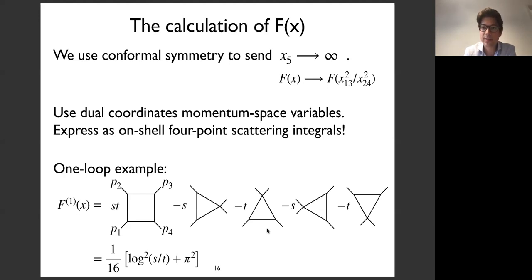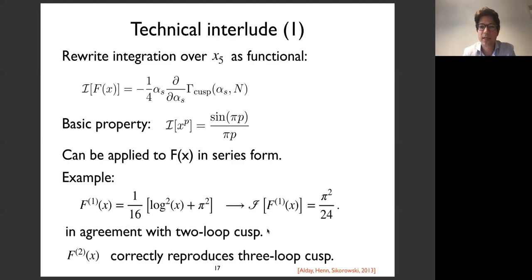Now, let me illustrate how from there, we then recover the cusp anomalous dimension. This is a bit technical, so bear with me for a minute. We saw that integration over x5 gives the cusp, but it's really an integral over space-time. One can show with a little bit of analysis that it can be represented as a functional that acts on a function of x.